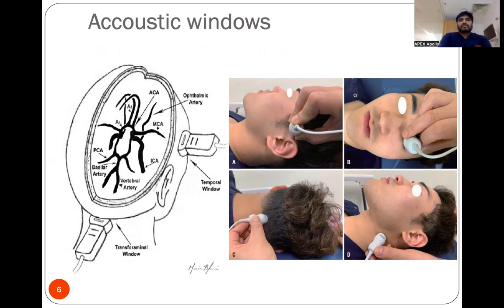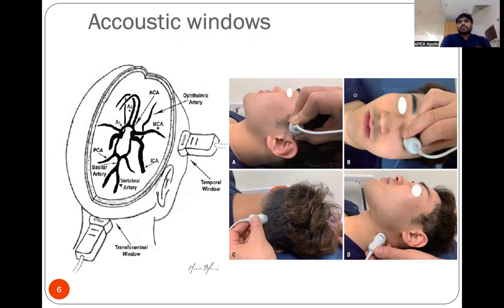The human skull has 4 windows to insonate the intracranial vasculature. First, the transtemporal window: you can see the middle cerebral artery, anterior cerebral artery and posterior cerebral artery. Next is suboccipital: you can see the basilar artery and vertebral artery.